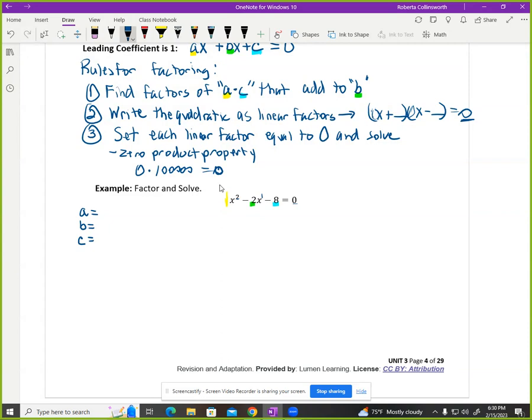So in front of this x squared is a 1. This is a negative 2. You can't forget the sign. If it's positive, you don't have to write positive, but if it's negative, you need to write negative. This is negative 8.